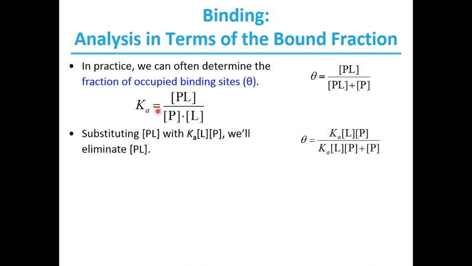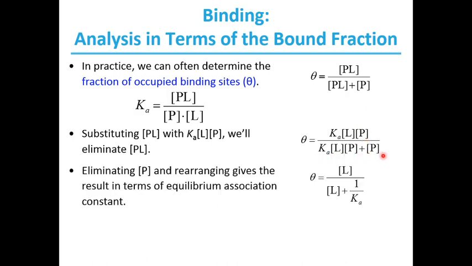We take these two terms to the left-hand side and substitute for PL in this equation: Ka times L times P divided by Ka times L times P plus P. In doing so, you are eliminating P, and rearranging the equation gives this equation in terms of Ka.